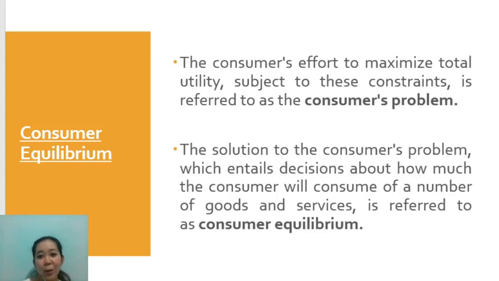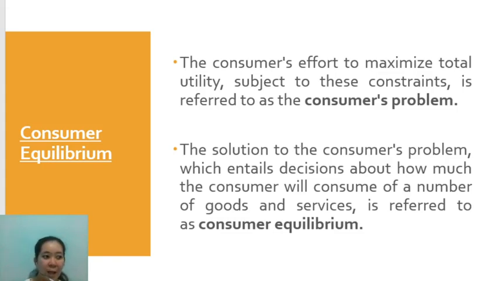Okay, so the consumer's effort to maximize the total utility is subject to those constraints, income and the prices. This is referred to as the consumer's problem. The solution to this problem entails decisions about how much the consumer will consume in terms of the number of goods and services, and is referred to as consumer equilibrium.